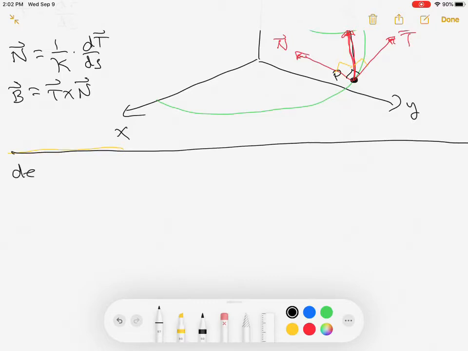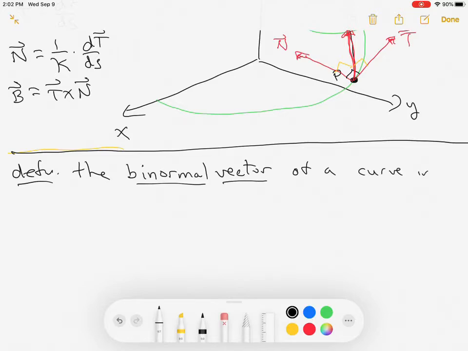Okay, so definition. The binormal vector of a curve in space is defined to be the cross product of the unit tangent and the normal.